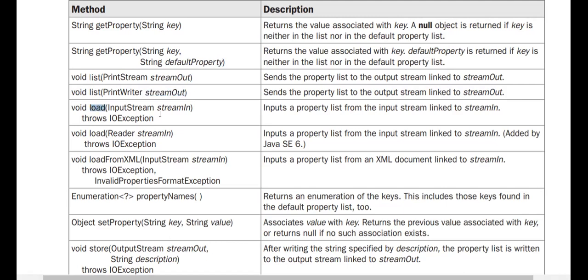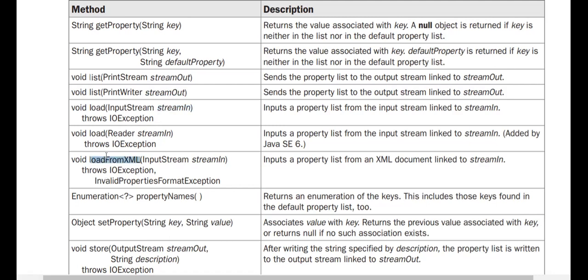So for this we are streaming, and it is capable of throwing the IOException. So this inputs a property list from an input stream. So from the input stream, the properties are loaded. Then again, this is also the reader stream. This is the input stream. This is the reader stream. So inputs a property list from the input stream linked to the streaming.